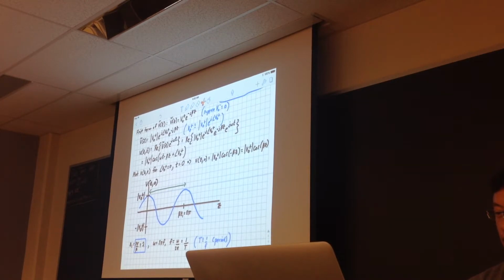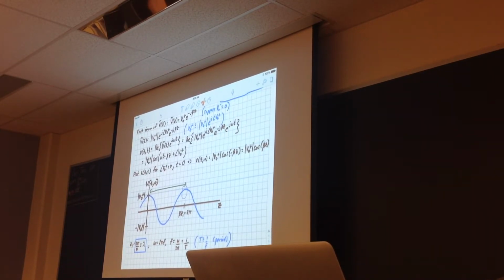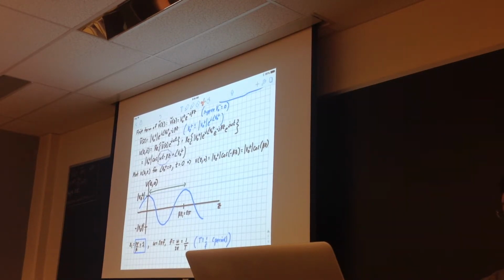Someone, what is this wave doing? Will it continue to propagate? It continues to propagate. That's right. This waveform, as t is increasing, the phase inside of the cosine changes, so if I pick some phase point here, as time is increasing, in order to keep that point of constant phase, z has to increase for this quantity to be the same.